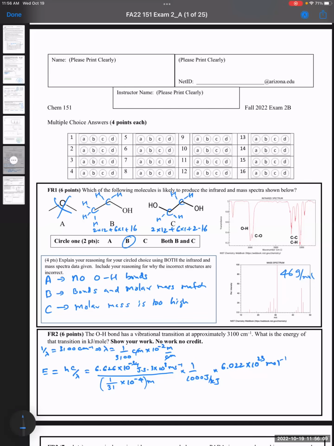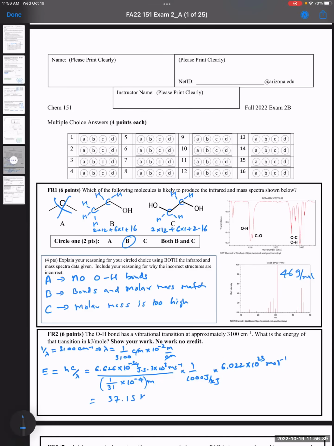If you do this calculation, let me see. You're going to get around 37.15 kilojoules per mole.